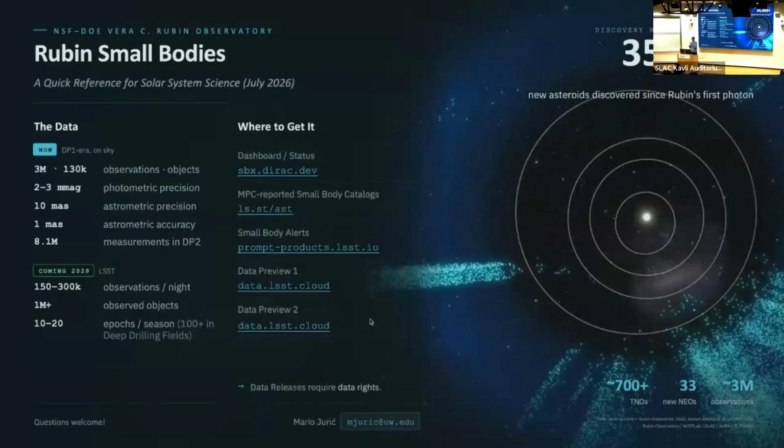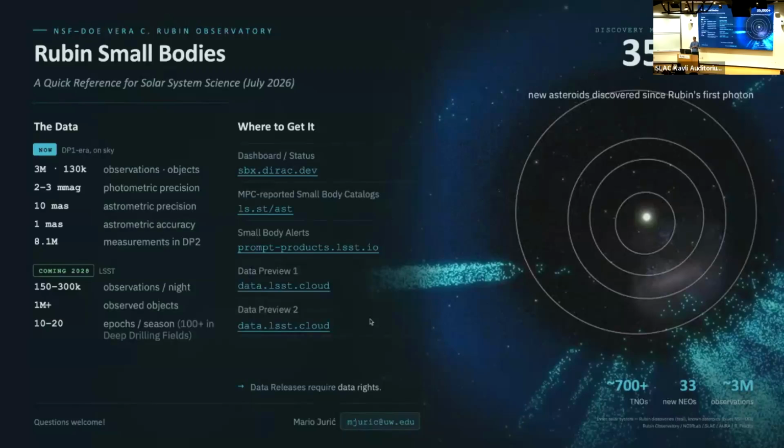Long story, I can tell you the details if there's time. But we've decided to hold it back until things are public. Now that they're public, we're submitting all of that to the Minor Planet Center. The point is, all the new objects that were in DP2 data, we had already found even before DP2 was finished and reported to the Minor Planet Center.